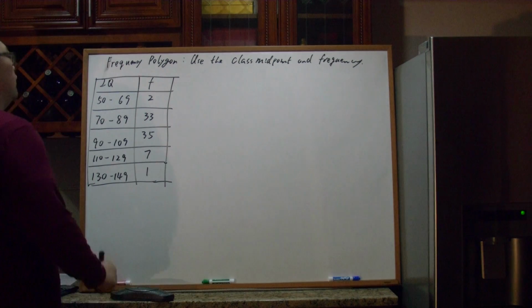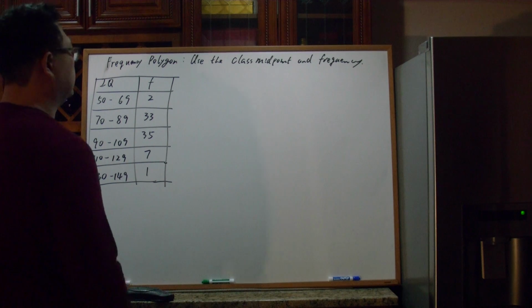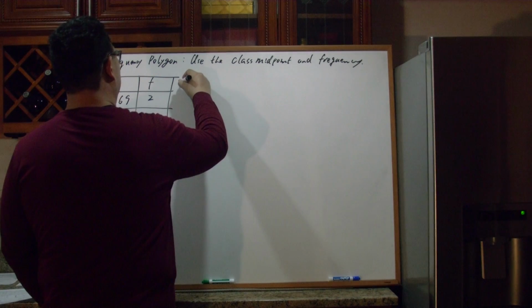That is the IQ score and frequency. What else we use is just the class midpoint.